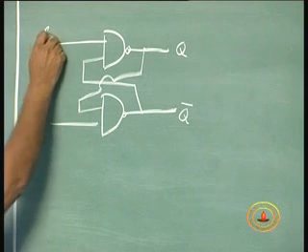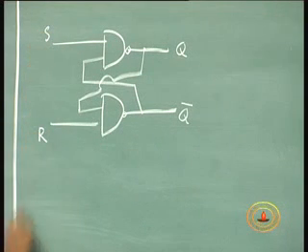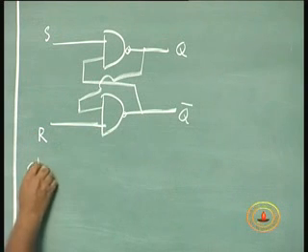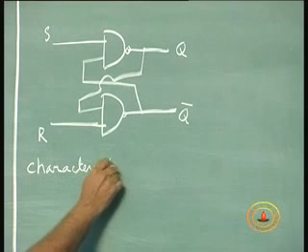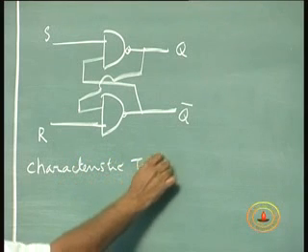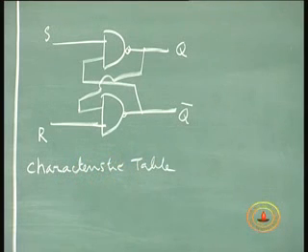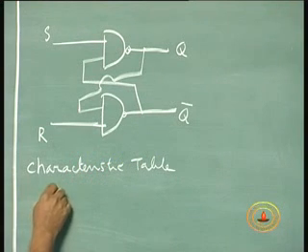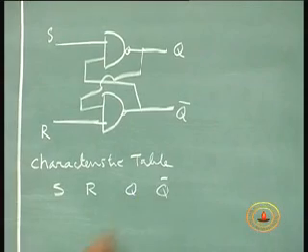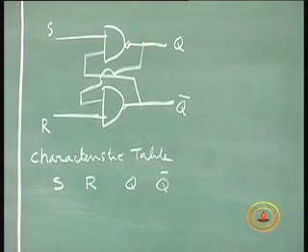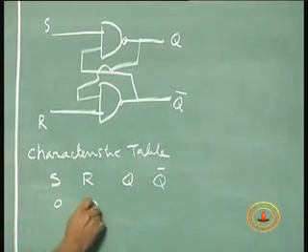This becomes S and this becomes R. Inputs are reversed. And the characteristic table is here. 0, 0 is a not permitted state.